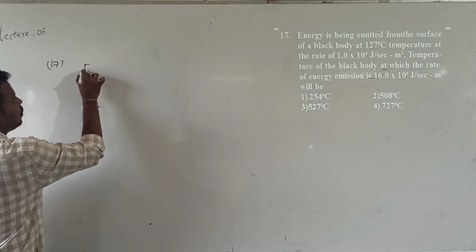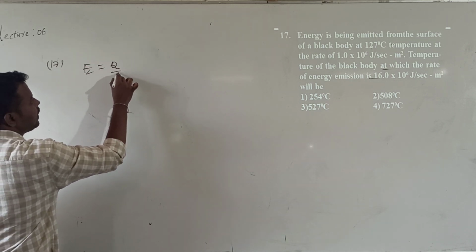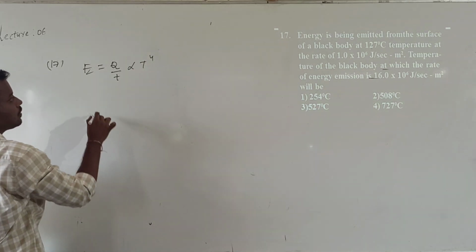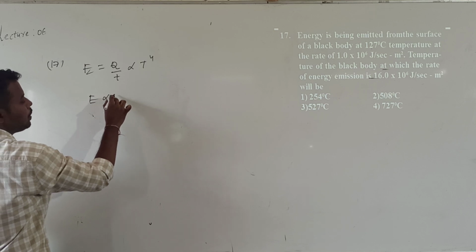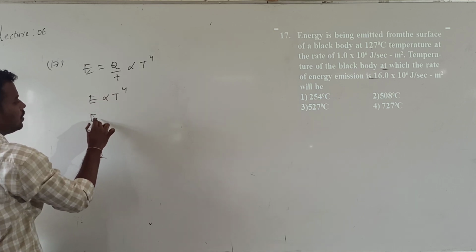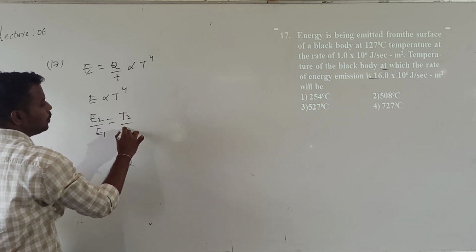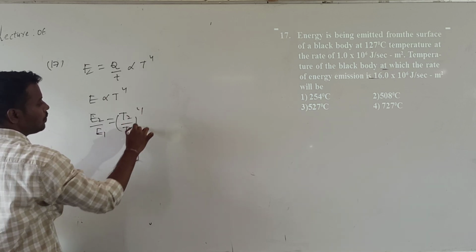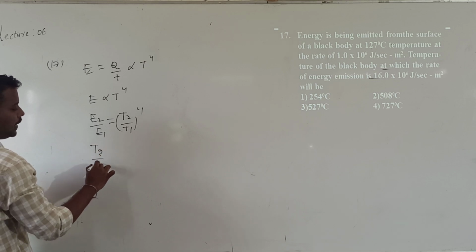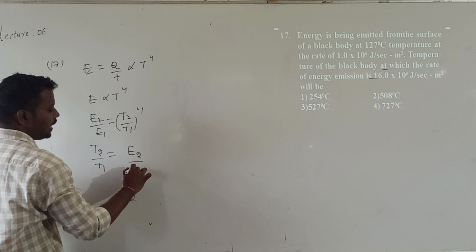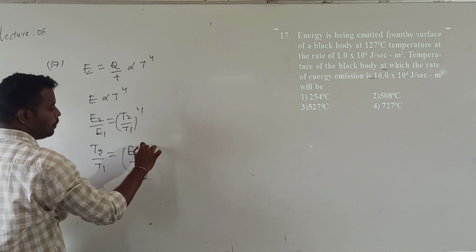So rate of heat flow, if I take E value as Q by T, is directly proportional to T power 4. So what I get, E2 by E1 value is T2 by T1 whole power 4. So what is the value of T2 by T1? T2 by T1 is given by E2 by E1 whole power 1 by 4.